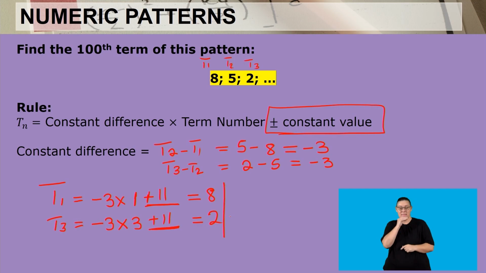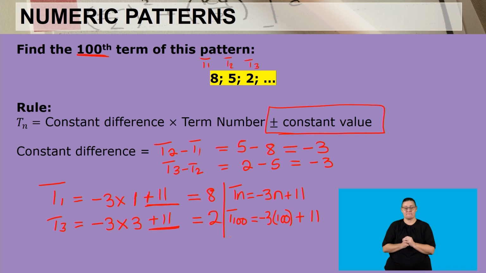So we can see that our value that we are adding is the same and it is constant. So what does this mean for our rule? It means our rule, we are going to take the constant difference multiplied by any term number, and we are going to add 11, and that of course is going to give us any term that we are looking for. And in this case, since we are looking for the 100th term, we are going to say term 100 is going to be equals to negative 3 multiplied with 100, and we are going to add an 11.